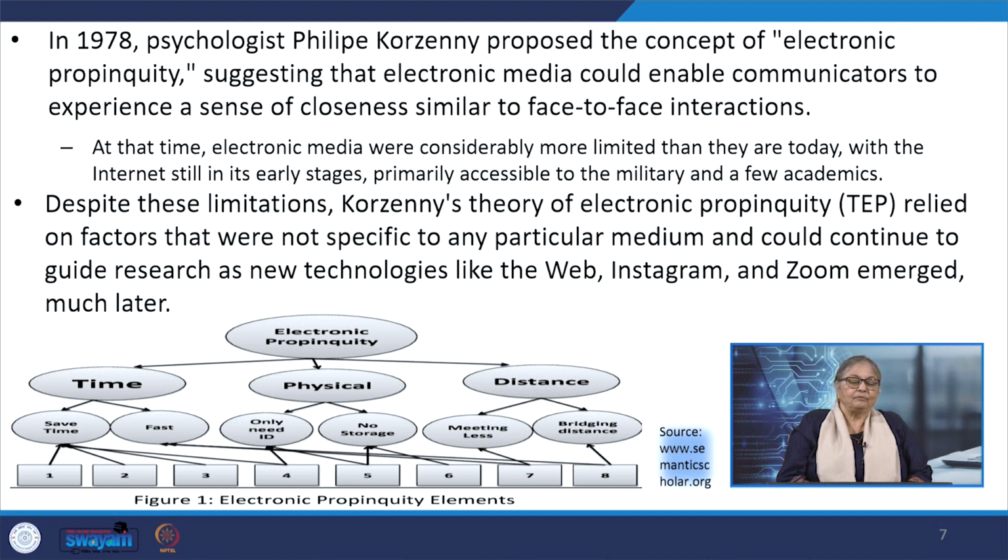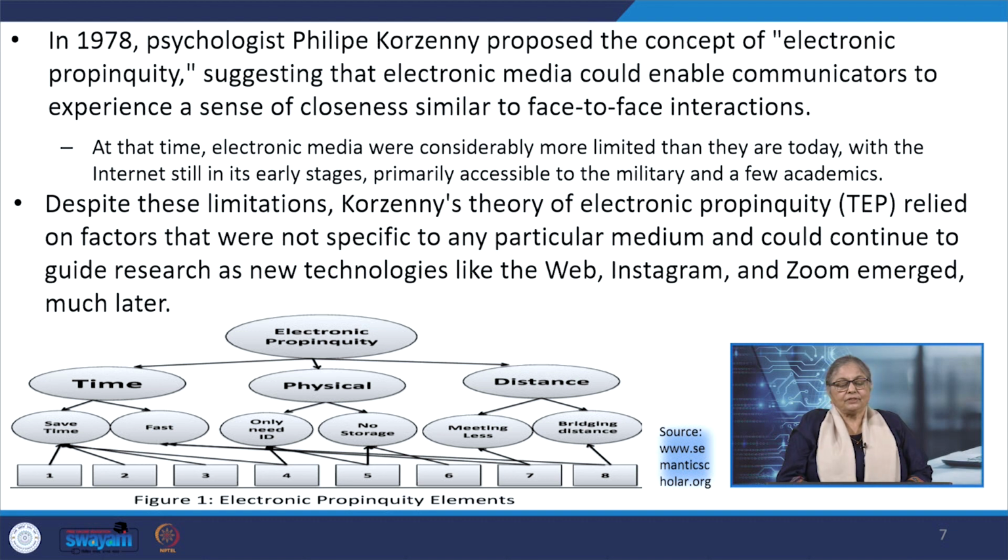At the time when Korzenny had initially suggested the theory, electronic media were considerably more limited than what they are today. The internet was still in its early stages and it was primarily accessible to the military and a few academic and research institutions only.